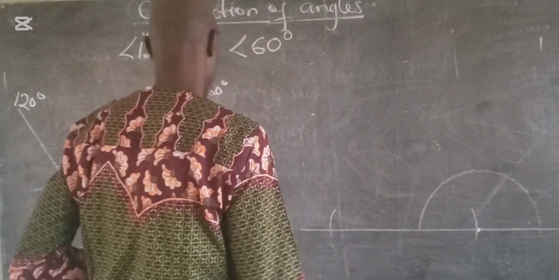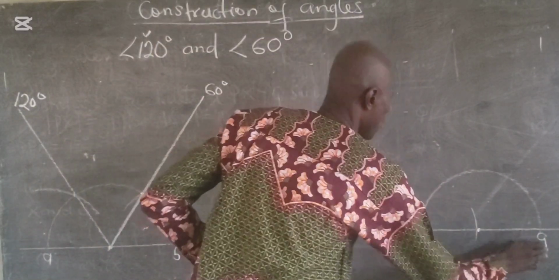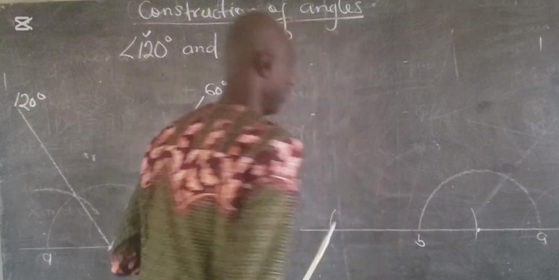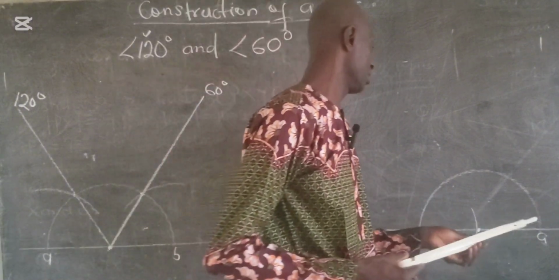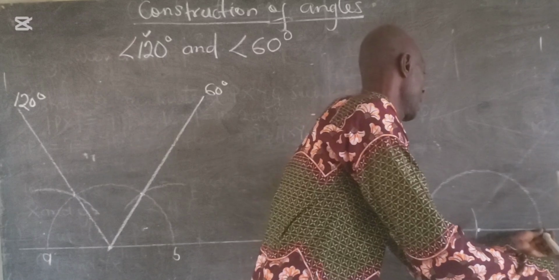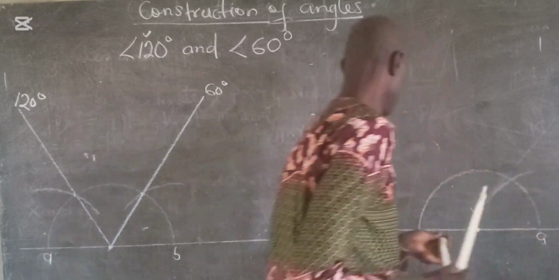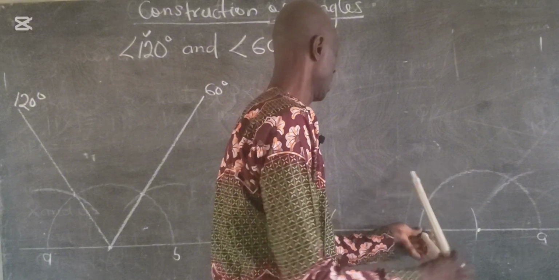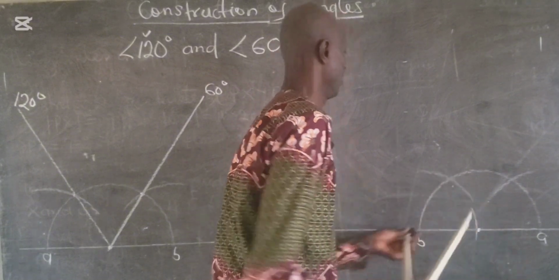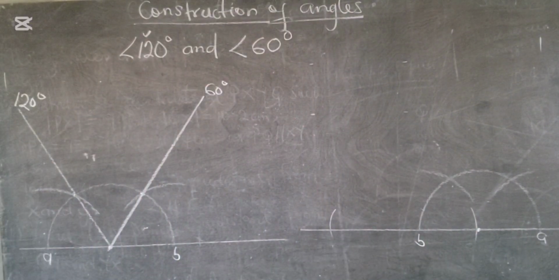I will call here A and here B. So if you want to construct 120 degree, you put it at A, you cut something like this. And if you want to construct 60, put it here, you cut something like this.